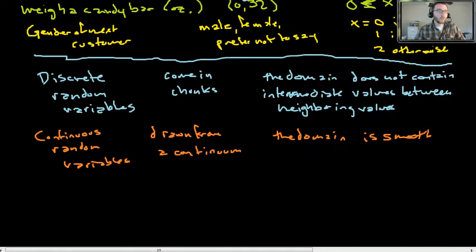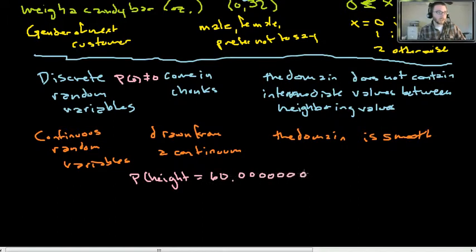The reason why we're going to treat these very differently is because the probability of a specific outcome here, the probability of, say, 1, need not equal 0. In this case, the probability of a specific value, so the probability that somebody's height equals 60 inches, well, it's worth keeping in mind that when we say their height is 60 inches, we mean 60.00000000 inches.